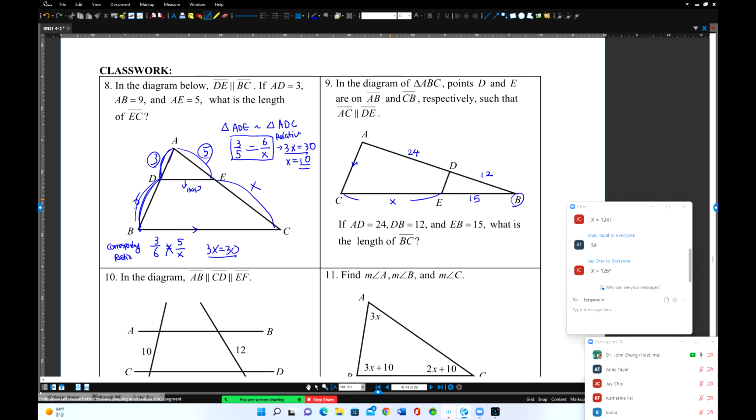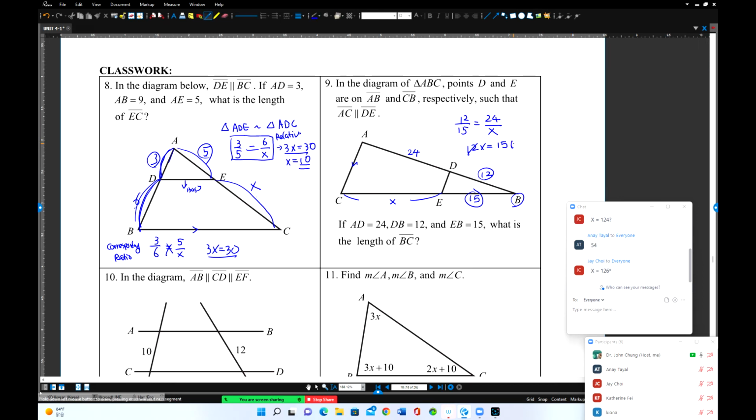You can use any ratio. So 12 over 15 equals 24 over x. That's the side splitter theorem. Cross multiplication, 12x equals 15 times 24. After that, you can divide.